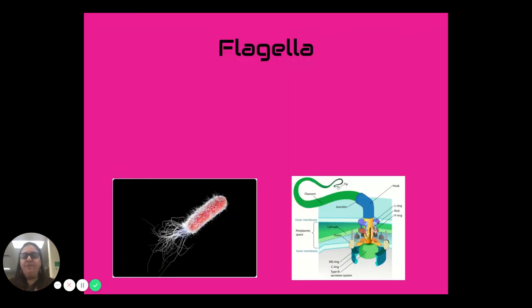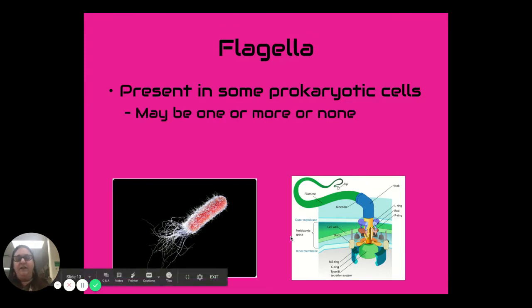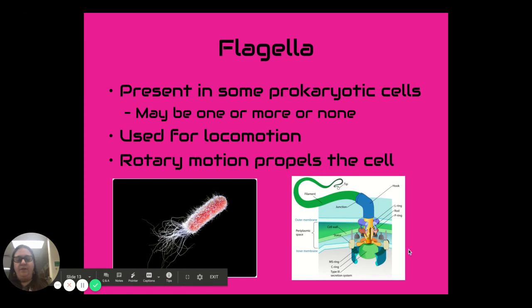Okay. And then we'll talk about flagella. So flagella you're going to find them in some prokaryotic cells. A flagellum is a little motor. And this is kind of an up-close image of what is going on inside that little spinny tail thing. This is a bacteria that has lots and lots of flagella. It's going to help move it through the substances that it's in or through our body fluids, things like that.